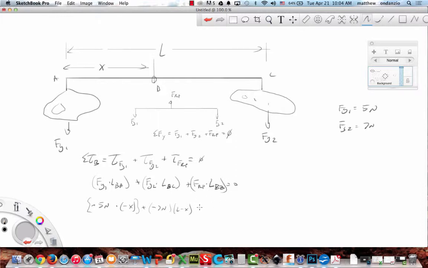Plus FRP times LBB. What's LBB? 0, plus 0, okay? So now let's multiply stuff out.